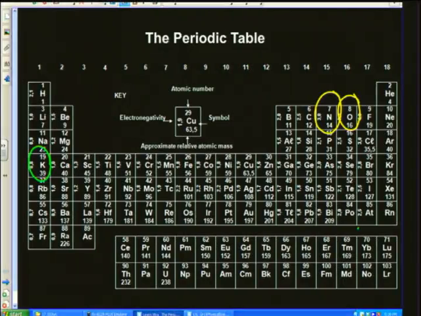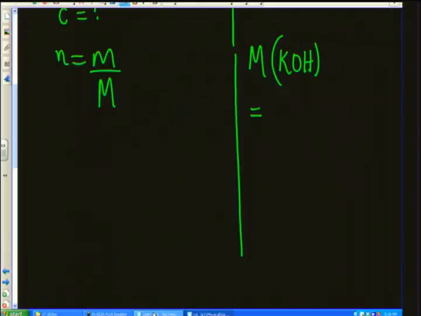For oxygen, once again, I've got 16. For hydrogen, there it is, I've got 1. So I can substitute into my molecular formula and work out the molar mass of potassium hydroxide. So K is 39 plus oxygen 16 plus hydrogen 1.